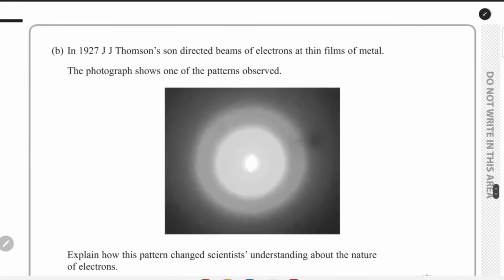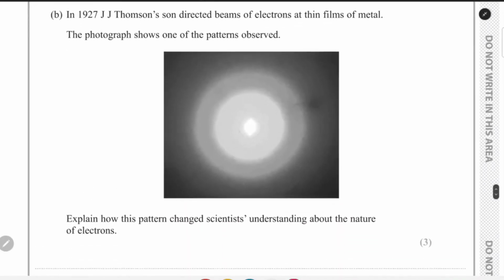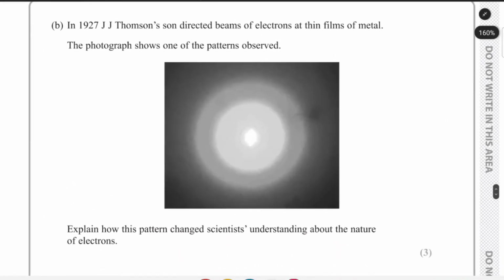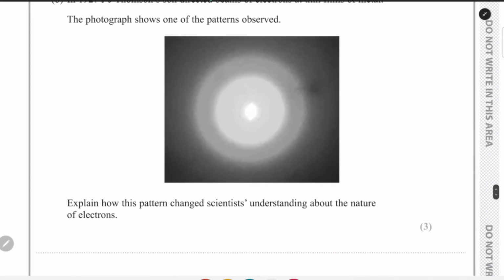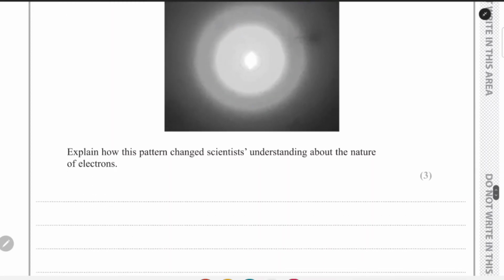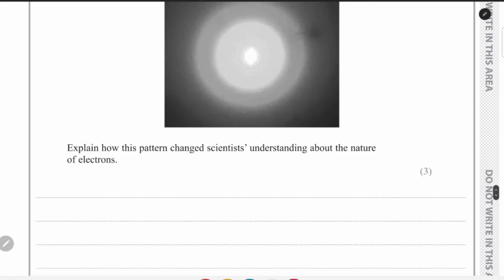Now moving to part B, we are given a beam of electrons that is directed at thin films of metal, and this is the pattern that we are observing. We have to explain how this pattern changed scientists' understanding about the nature of electrons. This thing over here is a diffraction pattern, and this only occurs for waves.